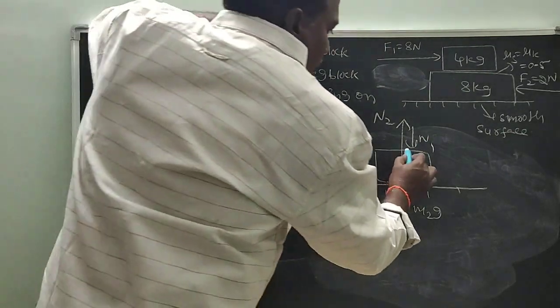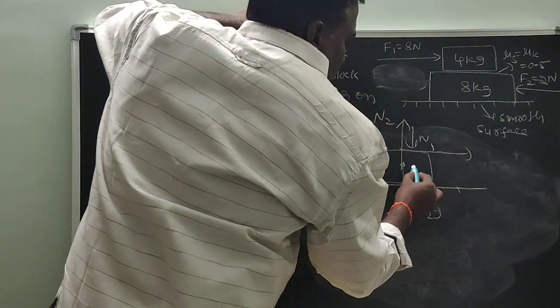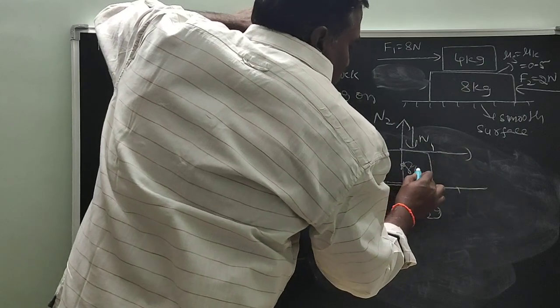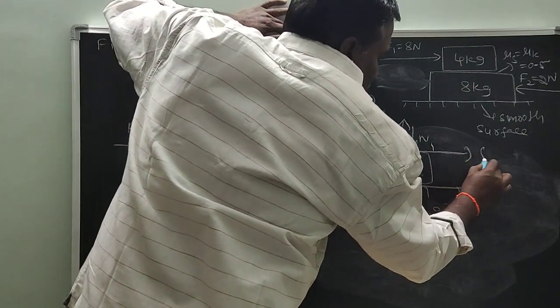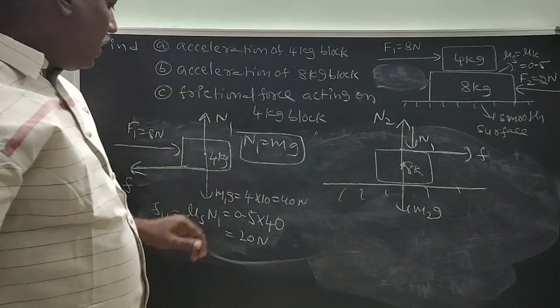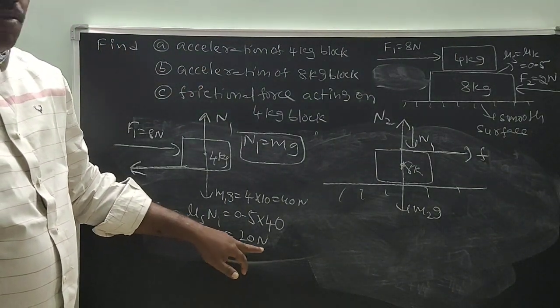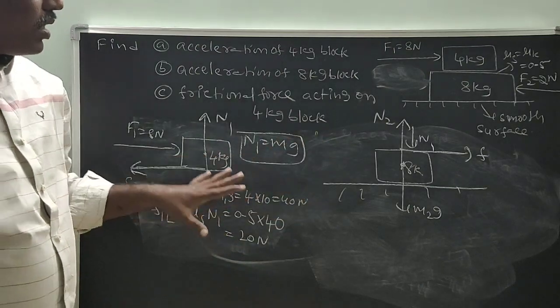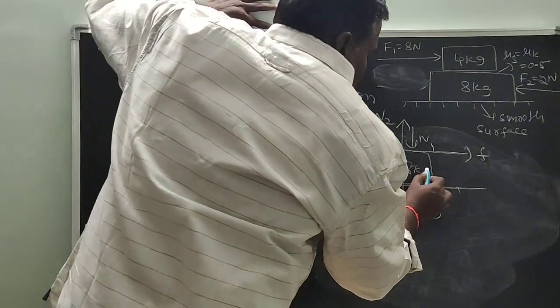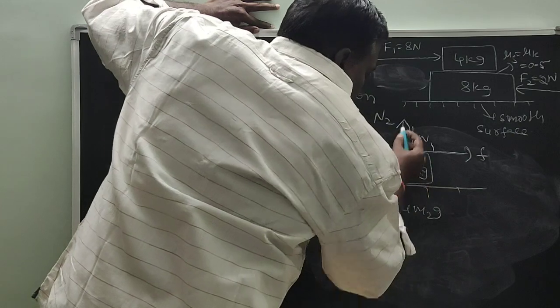Frictional force on the second block, the 8 kg block, is in the forward direction. This is F. What is the maximum value of friction? That is 20 Newton. Okay, here these are the directions. So here this is the 8 kg block.